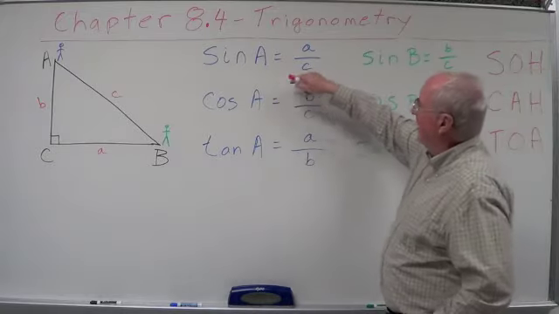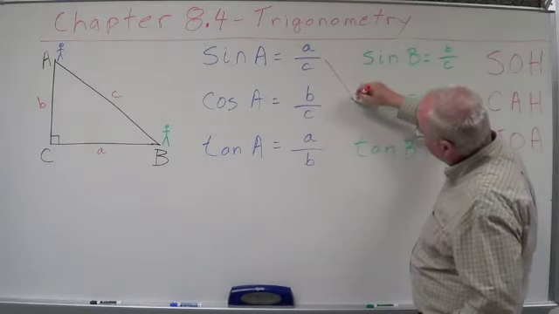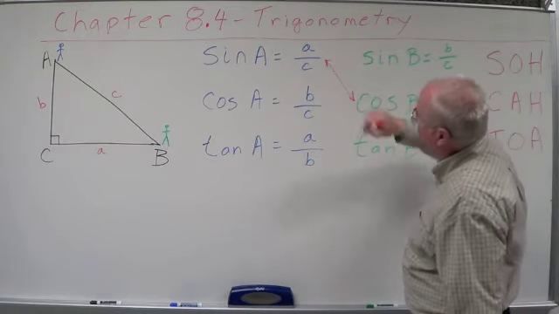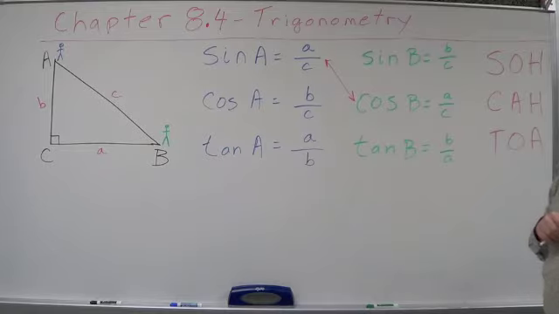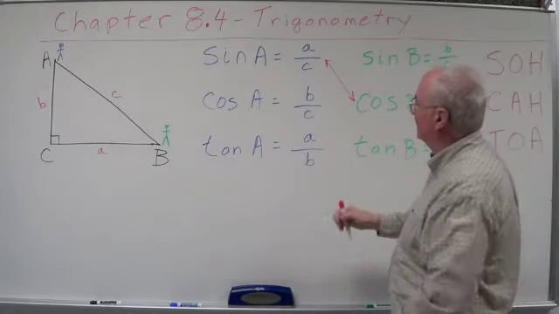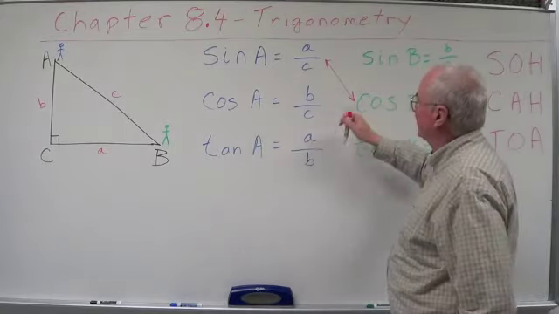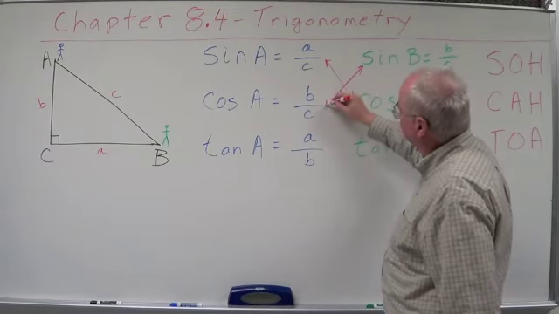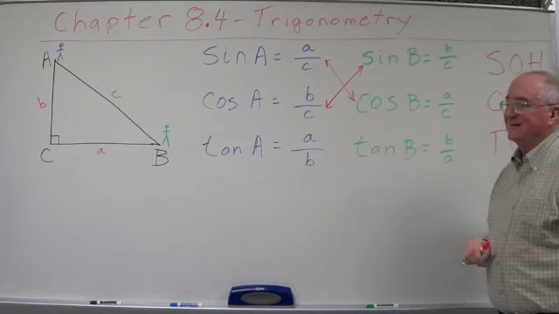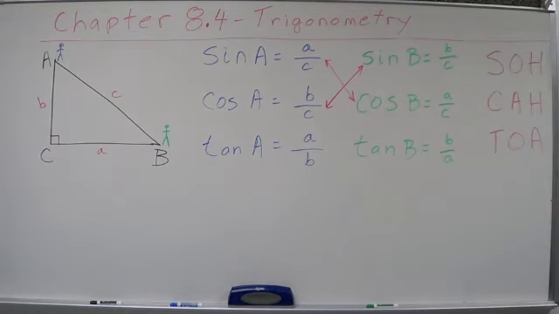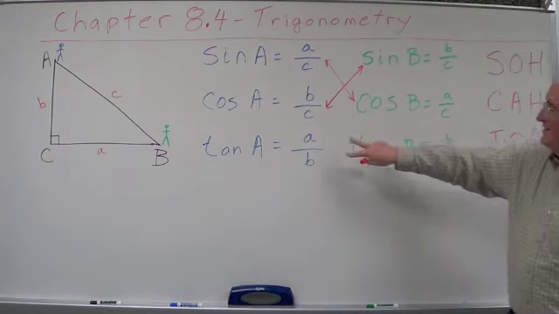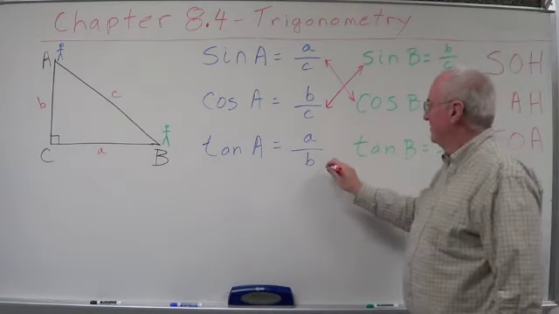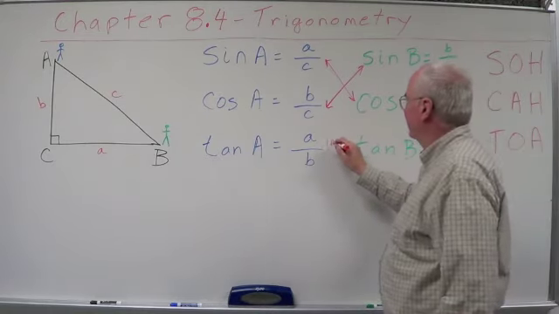You'll notice that the sine of A is the cosine of B. Those two go together. We're looking at it from opposite directions. You'll notice that the cosine of A is the sine of B. You'll also notice that the tangent of A is the inverse.